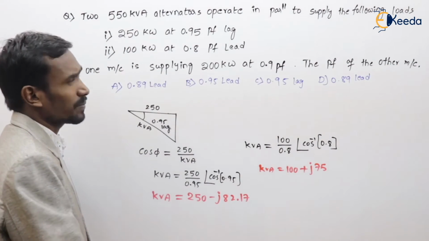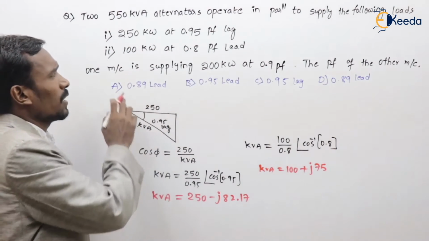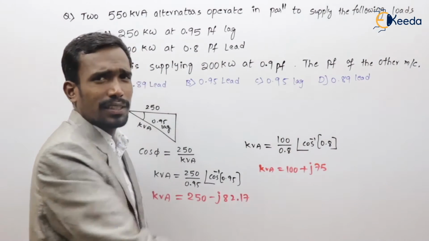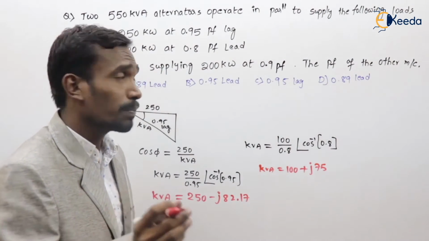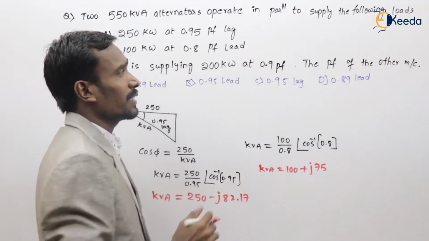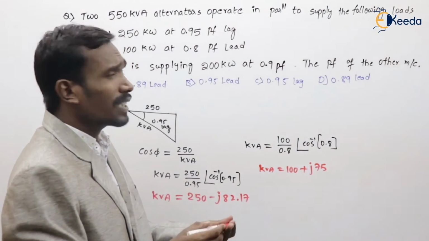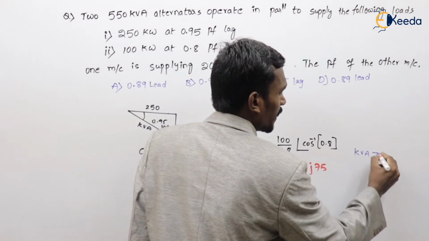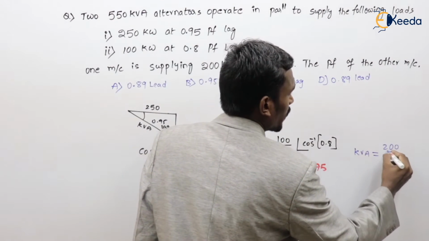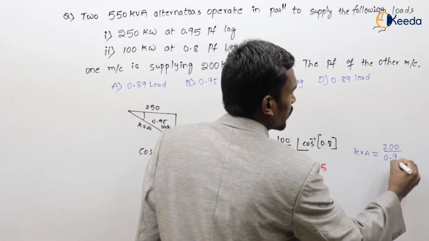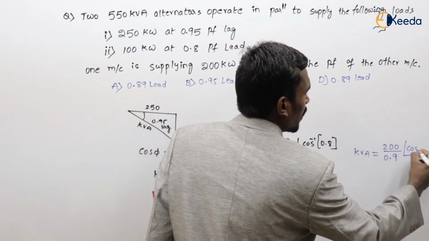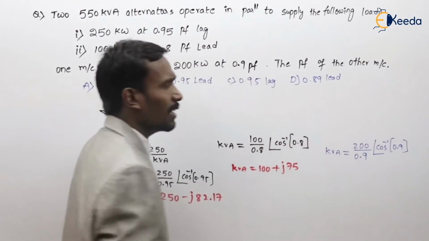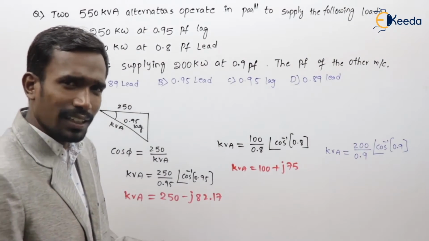But they given one machine supplying 200 kilowatts at 0.9 power factor lagging. For that, what is the answer? The supplied kVA is equal to 200 divided by 0.9 at an angle of cos inverse of 0.9.